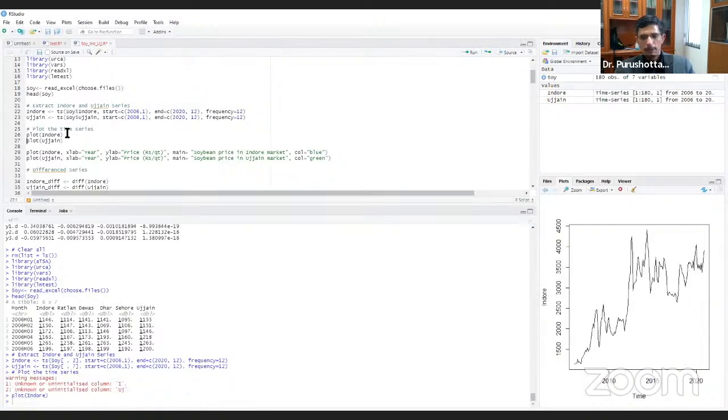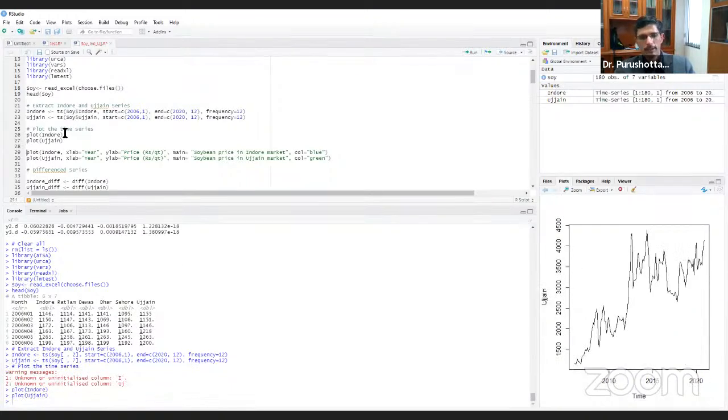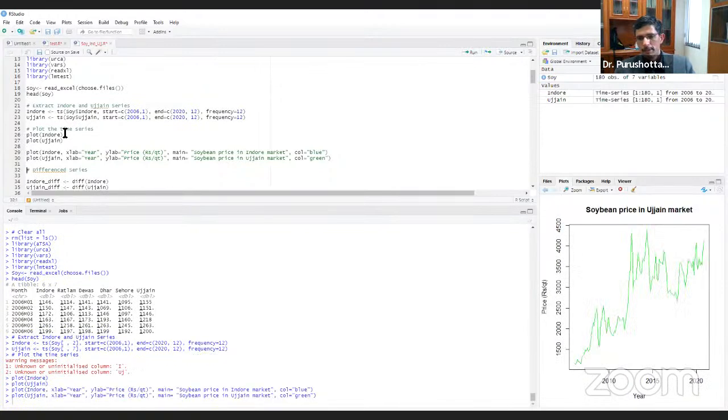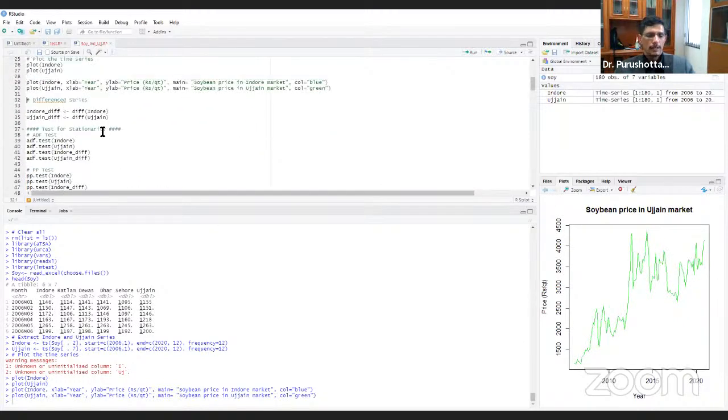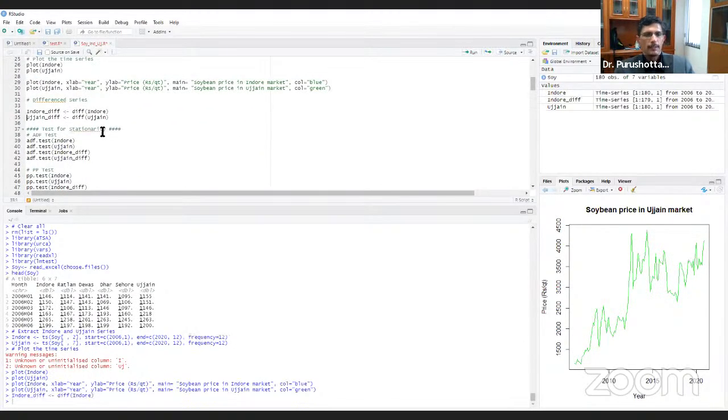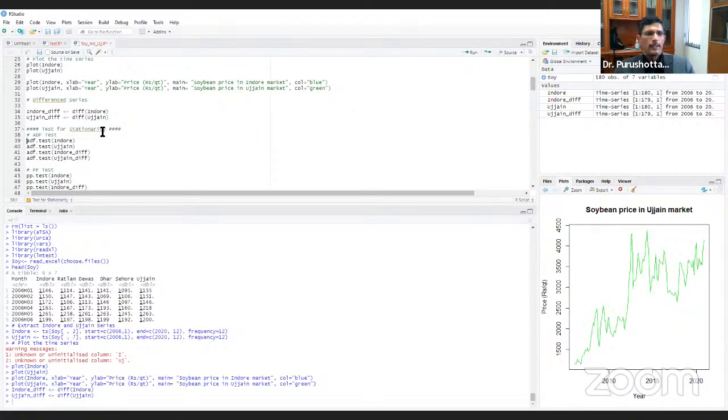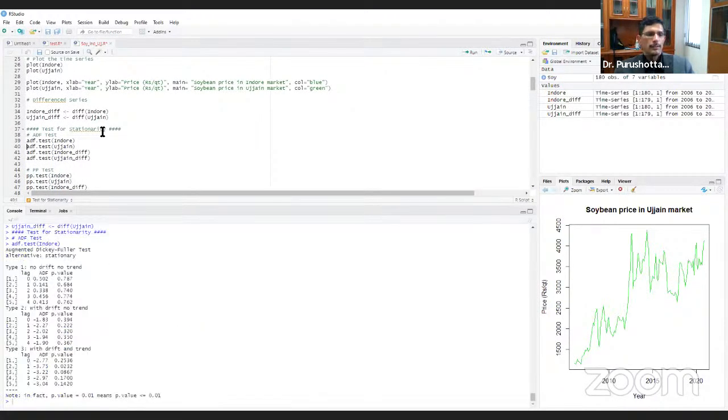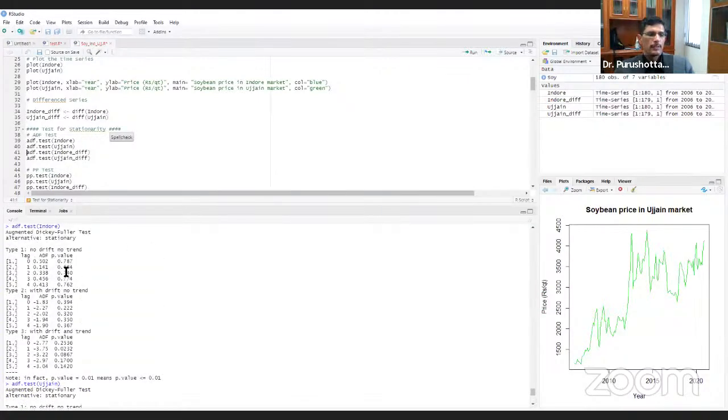Then we are going to plot Indore and Ujjain, maybe colored. If we see the plot in the right hand side down below, this is the plot of the Indore and Ujjain markets. We'll difference the series, and then we are going to test Indore and Ujjain at the level series.